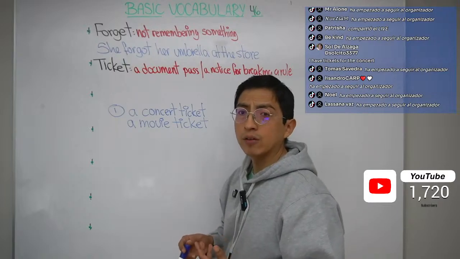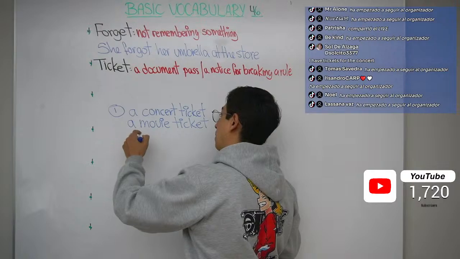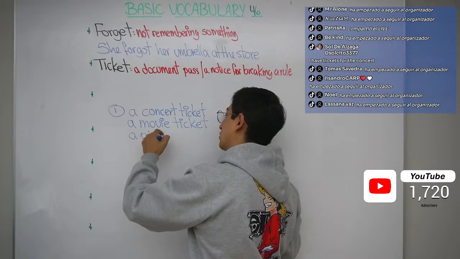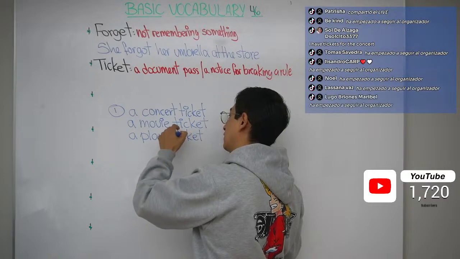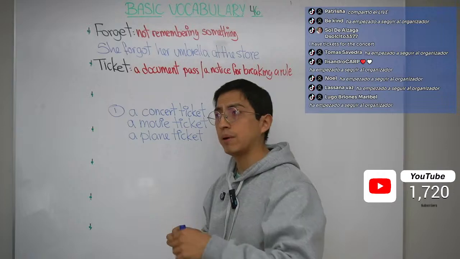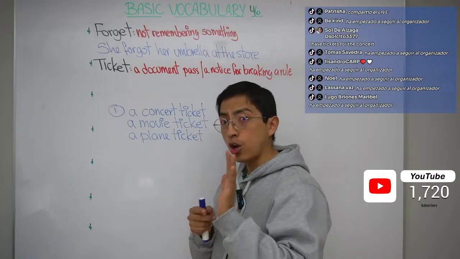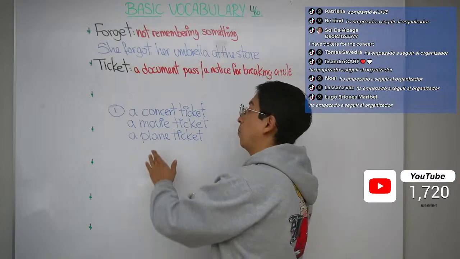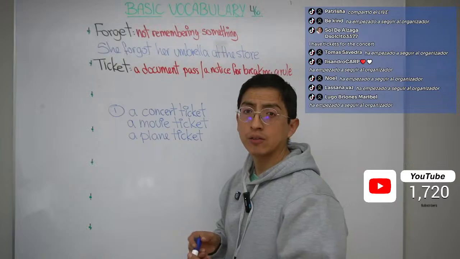Now, we can talk about some services. For example, a plane ticket. If you're going to take a flight, if you're going to travel to a different country by airplane, you need to show your plane ticket. What else do we have?